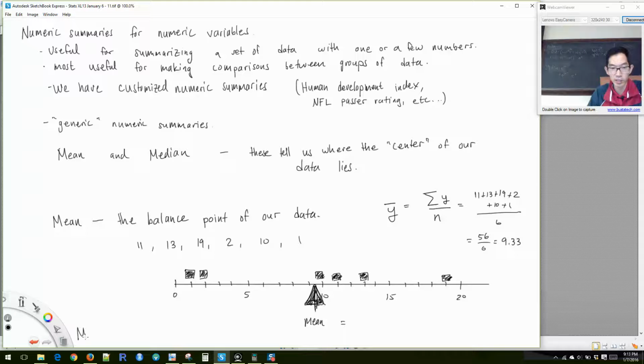So the median is the halfway point, the spot where half are greater and half are less.